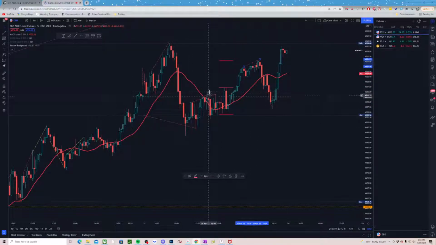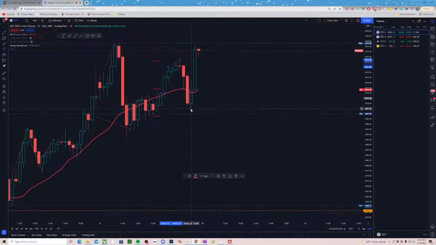So here we have one high, at least on the 15-minute chart. We have one pullback here. This is the second pullback, and maybe we're getting to the third, which will now mean this is a signal bar to go short.